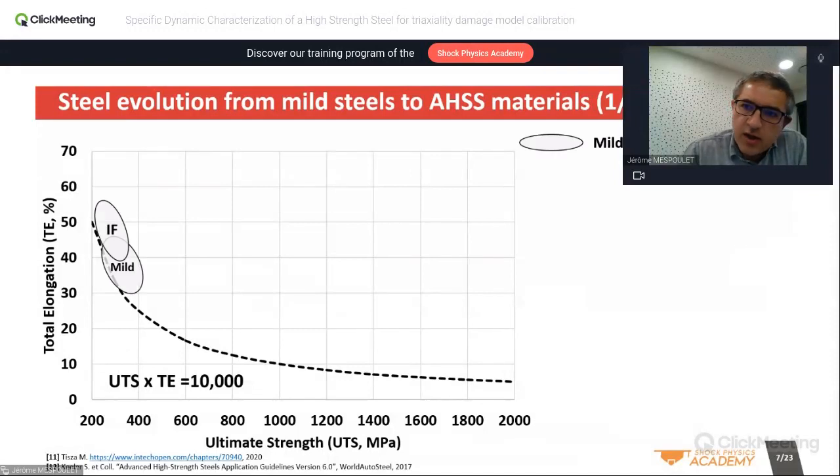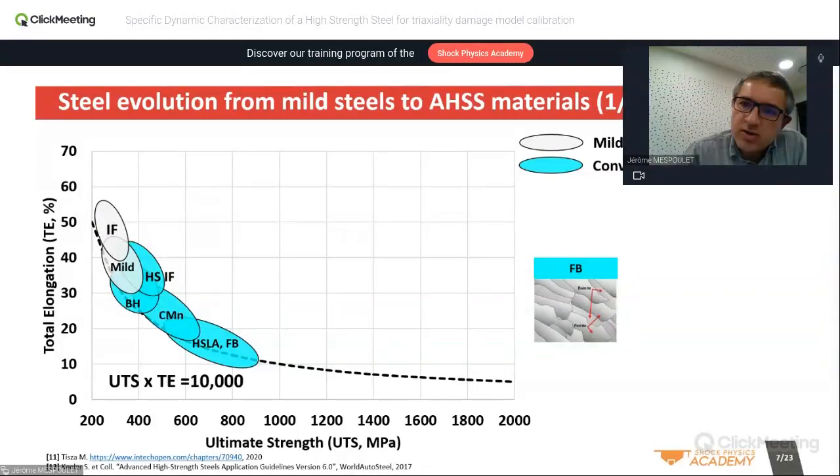So at the beginning, people started with some mild steels, and after that conventional high strength steels. To make those high strength steels, they started to change and master the various phases inside those steels, the composition, and how and where they are formed.